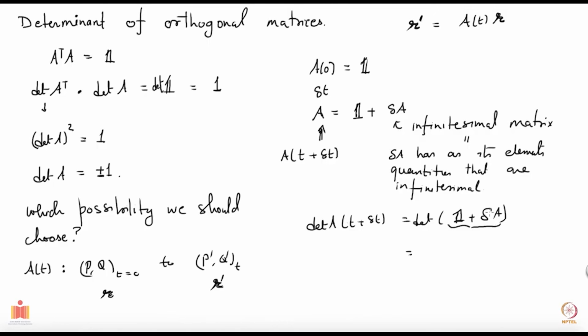If you change the matrix a little bit away from 1, then the determinant should change at most a little bit away from 1.